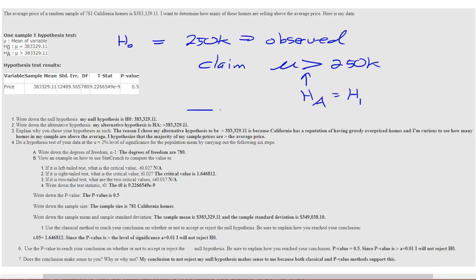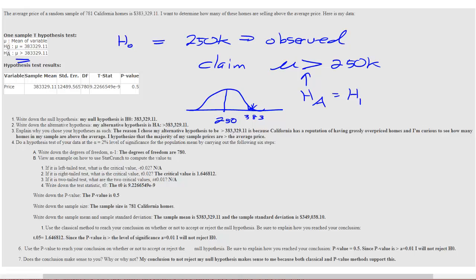So instead, you would build your hypotheses based on a null of 250. And then this 383 is going to land somewhere to the right of it. I don't know exactly how far, because I'd have to run the actual numbers. But the alternative of being greater than is basically looking for the area in the tail above it and asking, how much area is it?